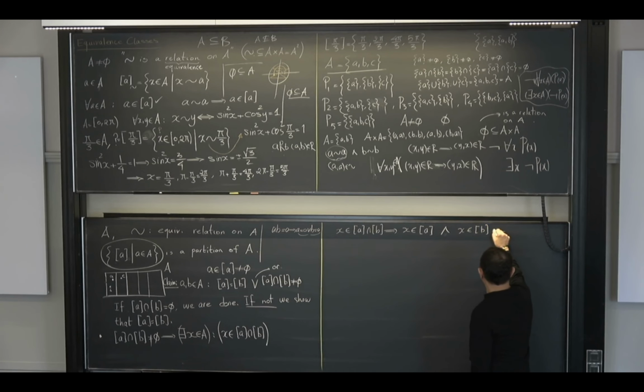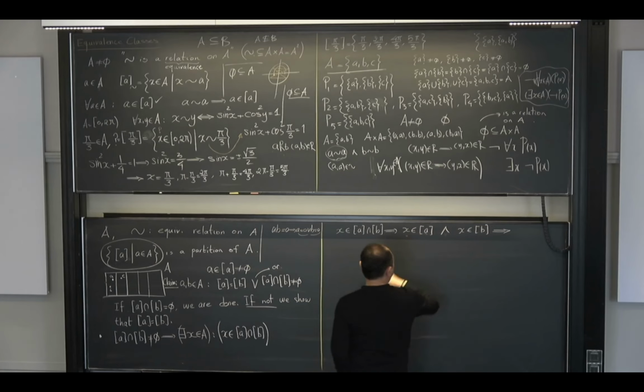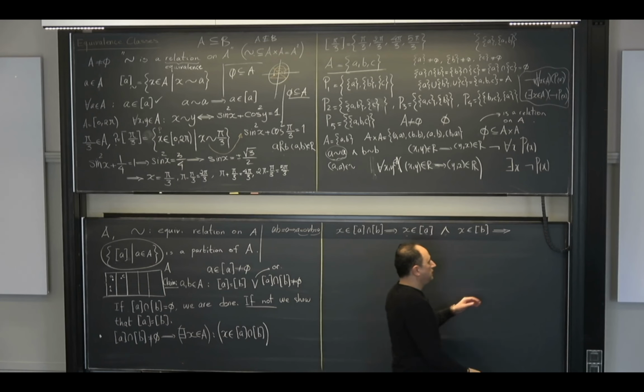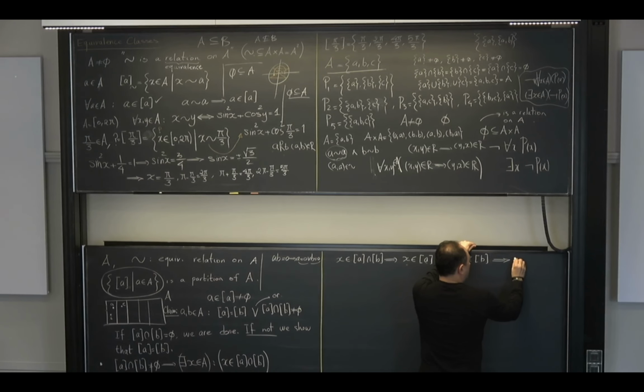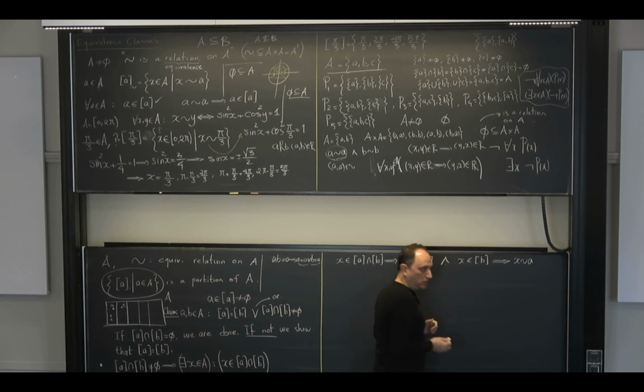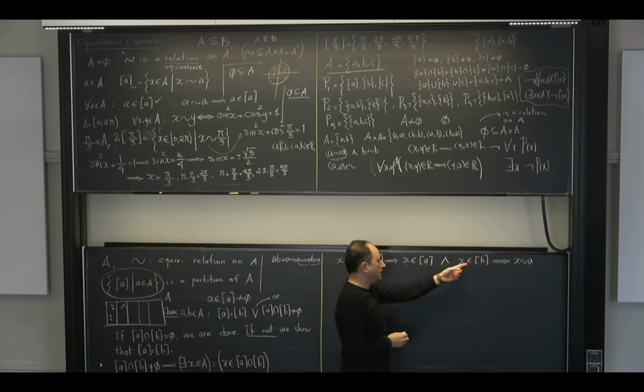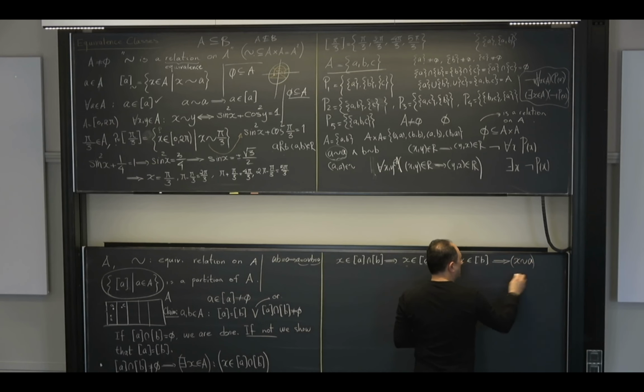But can you tell me what is the meaning? When I say X belongs to the equivalence class of A, what does it mean? It means that X is related to A. That's the meaning of being in the equivalence class. And when I say X belongs to the equivalence class of B, it means that X is in relation with B.